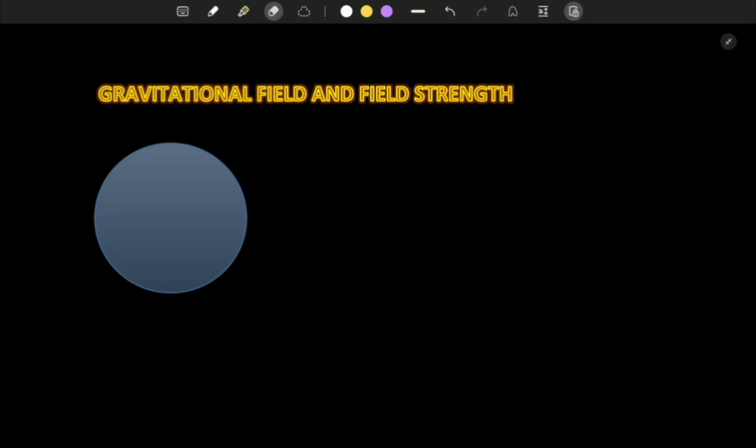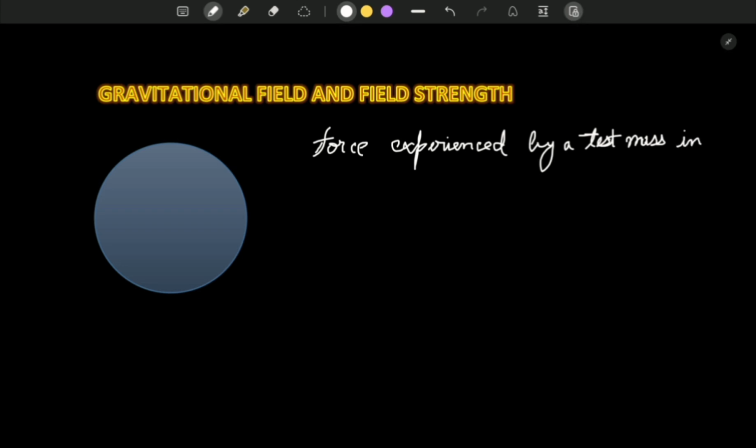The vector quantity called gravitational field strength or intensity of gravitational field is denoted by the symbol E. So I can say that the gravitational field is nothing but it is the force experienced by a unit test mass placed at a point in a gravitational field. This is called the gravitational field strength, and it is denoted by the symbol E.